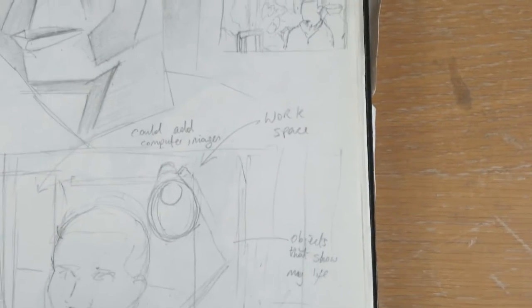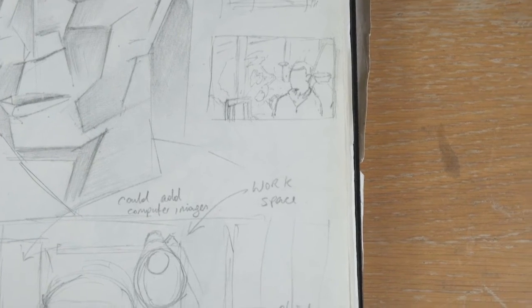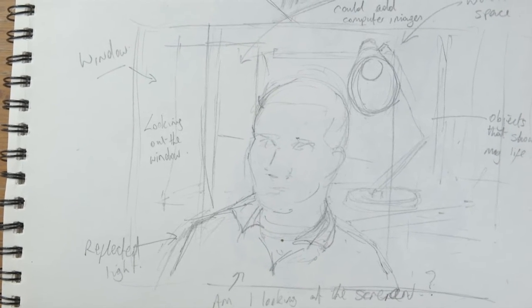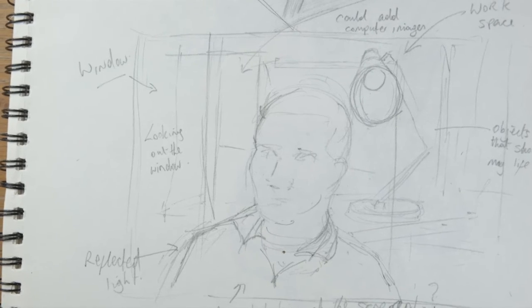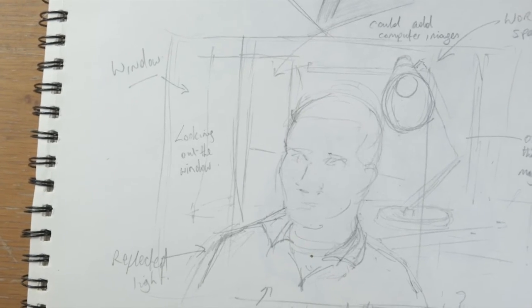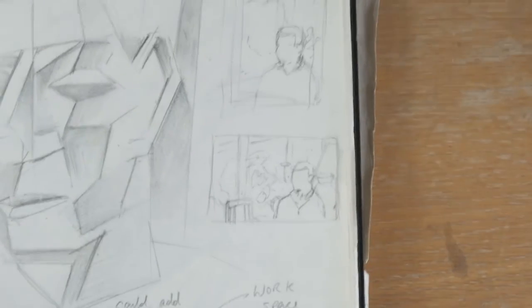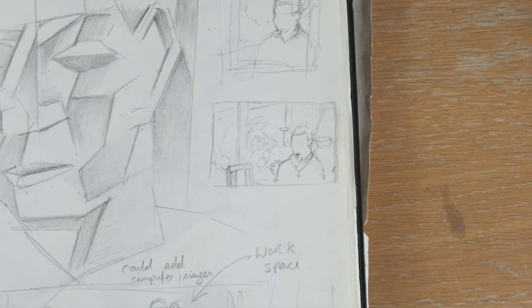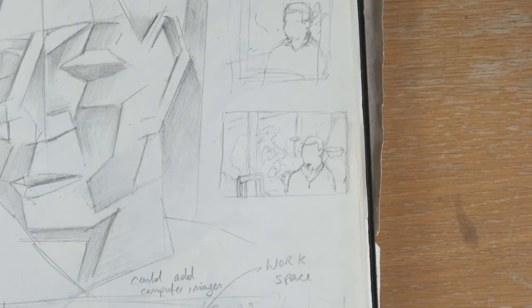Moving up the page, you can see that I've done another little thumbnail sketch, because when I was down at this one, I was in the area where I work, and I thought, well, actually, maybe I just want to do a portrait where I'm looking out of the window, which is that idea there. So maybe it's just a simple, non-controversial portrait of me or anybody else sitting at the table where I can look out my window.